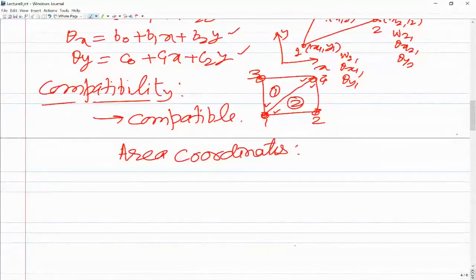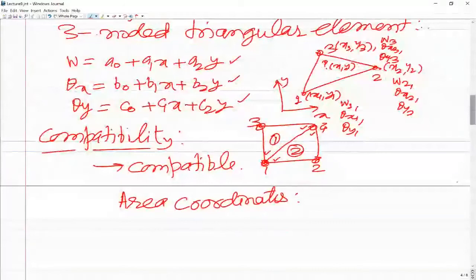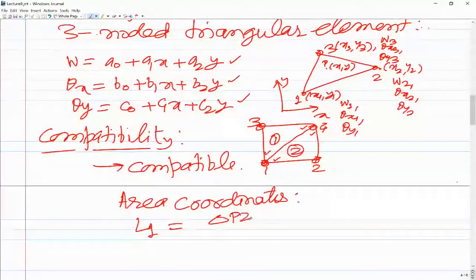If you look at this triangle, L1 is the area coordinate corresponding to node 1. That is the ratio of the area of triangle P23 upon the area of the entire triangle 123.